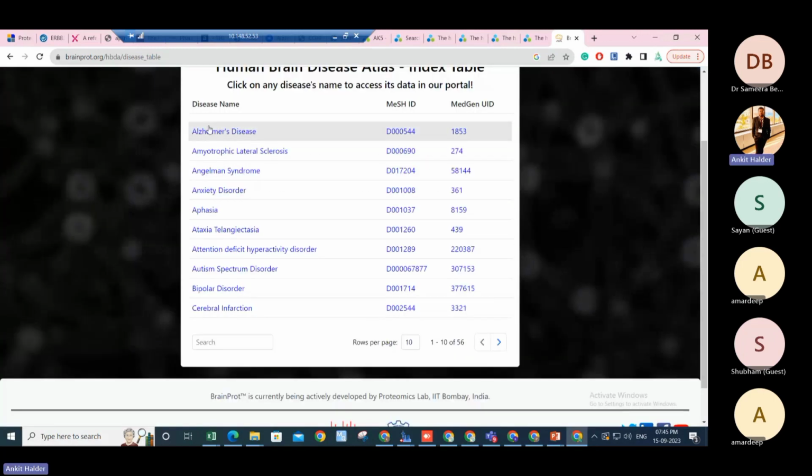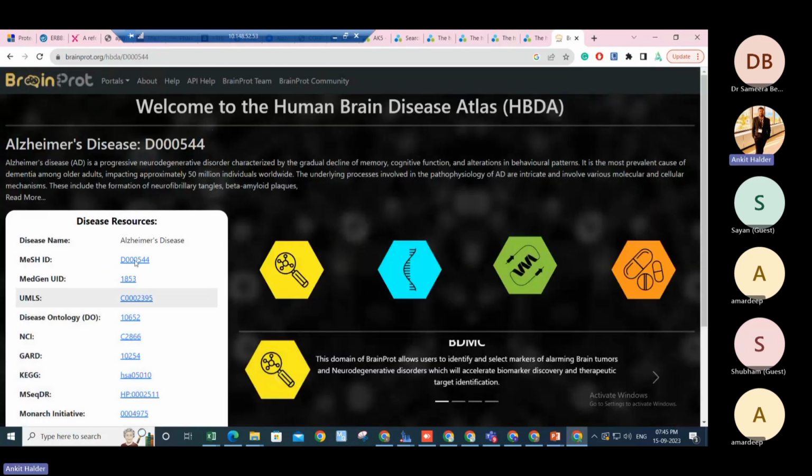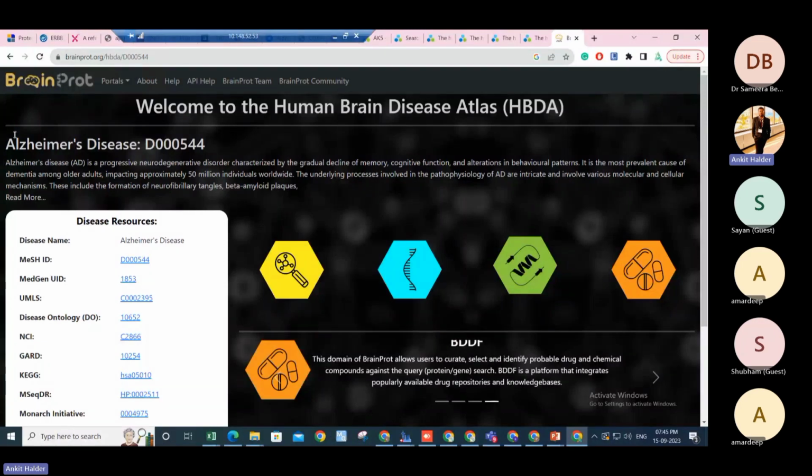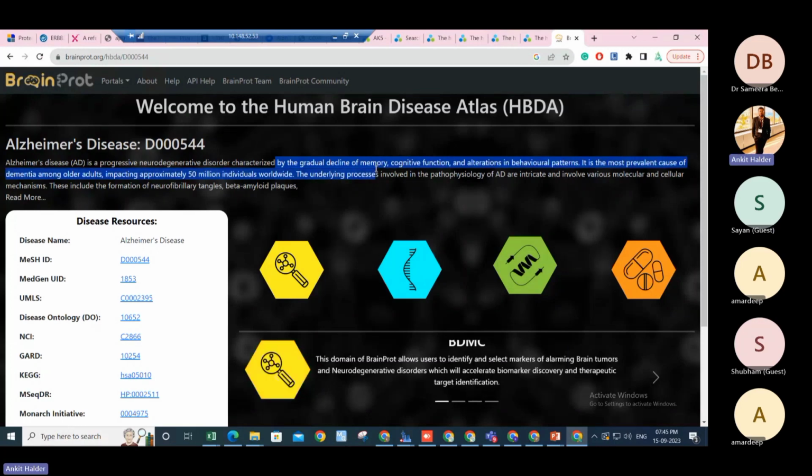This gives you the information about all the IDs for a particular disease. For example, Alzheimer's disease, which you all know is quite popular and dangerous. It is a neurodegenerative disease that occurs mostly in elderly people and leads to a gradual decline of memory, cognitive function and behavioral patterns.